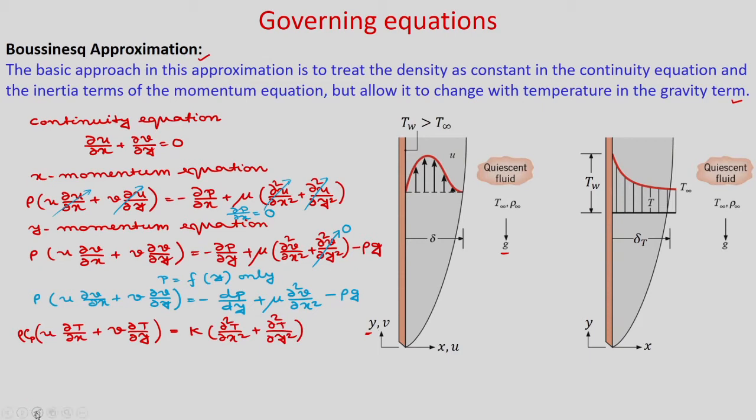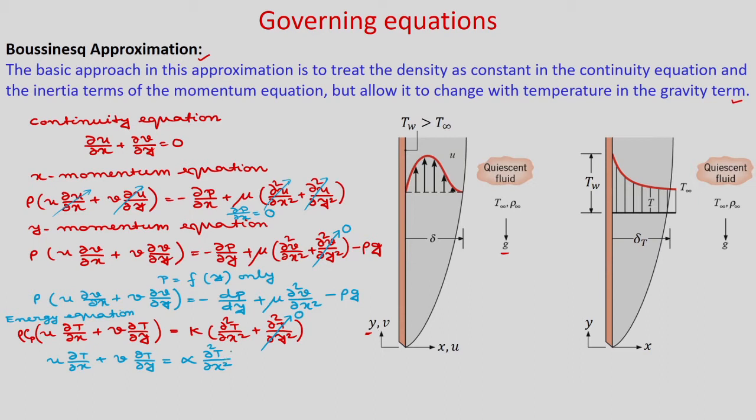If you write the boundary layer equation, then the y-derivative term will drop. So, this is your energy equation: u del T by del x plus v del T by del y is equal to alpha, the thermal diffusivity k by rho Cp, into del 2 T by del y square.